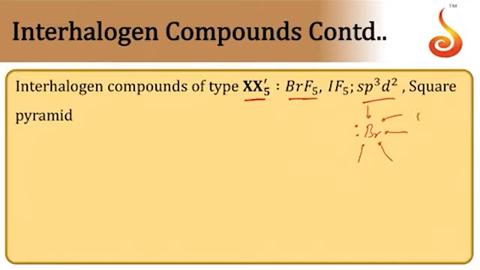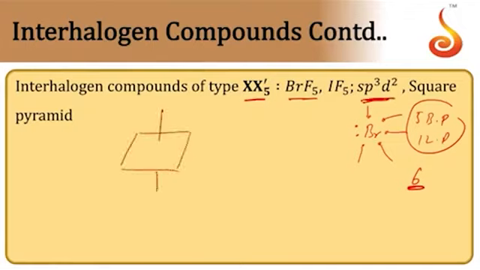This implies there are 5 bond pairs, and we have only 1 lone pair left. Altogether we have 6 pairs, and 6 pairs stands for sp3d2 hybridization. Therefore the structure will be sp3d2 hybridization, with 1 lone pair present. The lone pair occupies a position here.